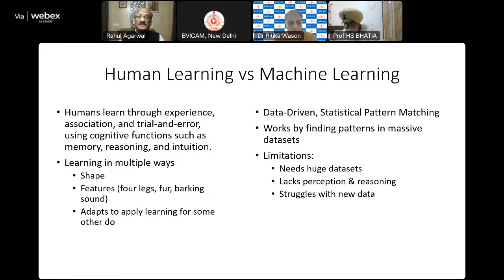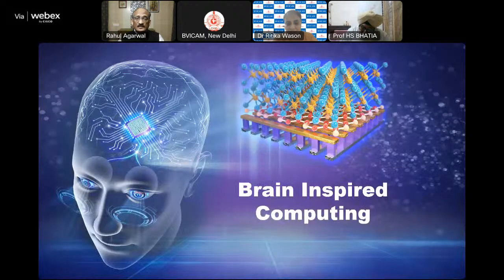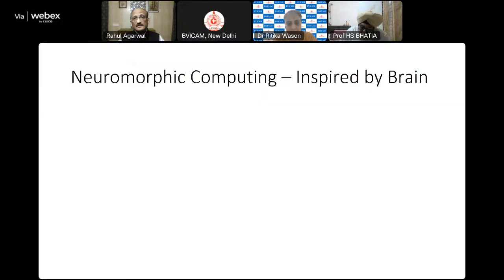It needs huge data sets, lacks perception and reasoning, and struggles with new data. So if there is a new breed of dog picture which it has to look at, probably it will not be able to recognize that. So that's a kind of difference. Now look at how brain-inspired computing can handle these challenges.